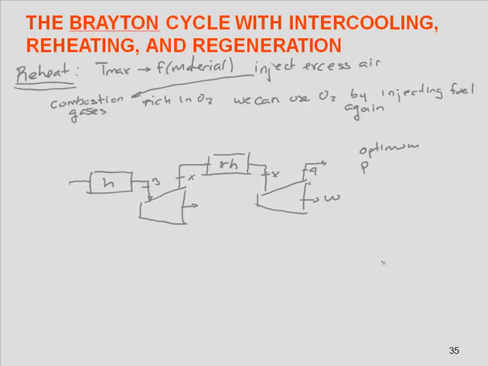So it will be optimum when we have P3 over Px equal to Px over P4, which again says that our optimum will be when we have this.